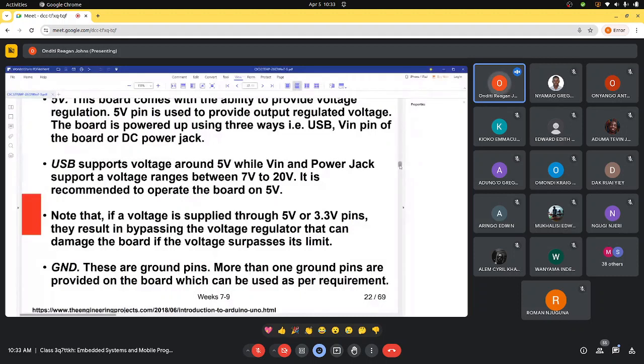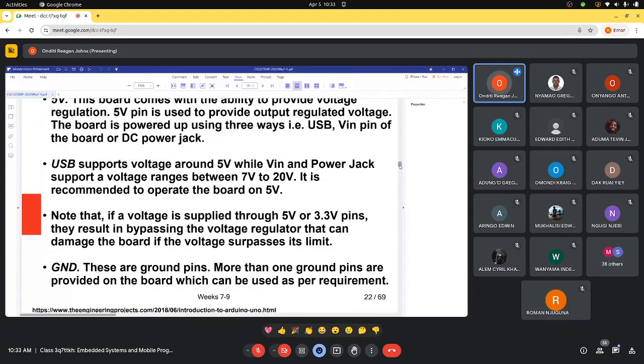So that means that 5 volts is suitable for this particular board, and it does not affect anything when it comes to operation within the board. But if you supply 7 to 20 volts, then those are very high volts that must pass through what we call the voltage regulator to ensure that the right voltage is consumed in the board.